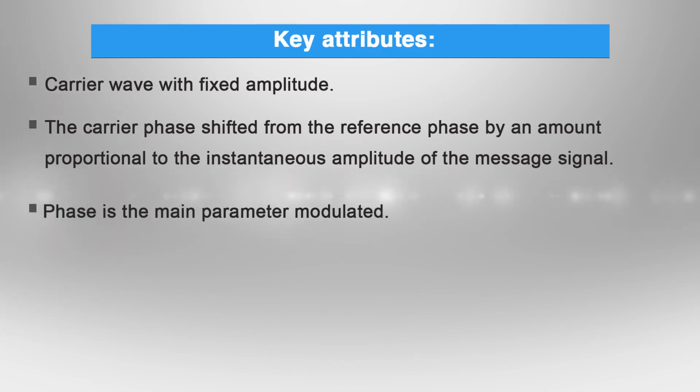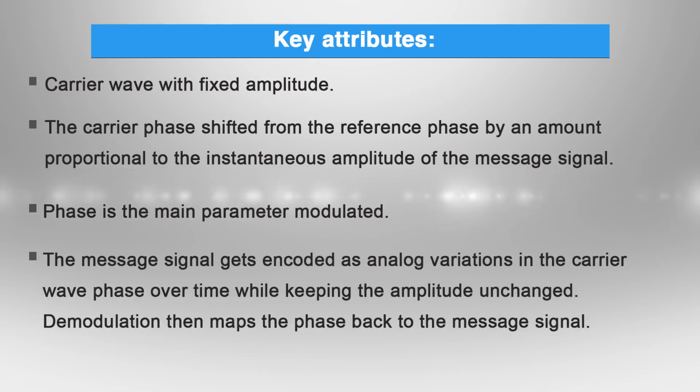The phase is the main parameter which is modulated. The message signal gets encoded as analog variation in the carrier wave phase over time while keeping the amplitude unchanged. Demodulation then maps the phase back to the message signal.